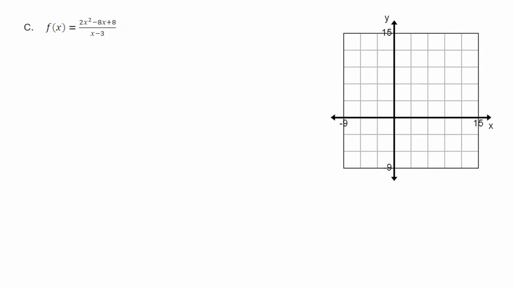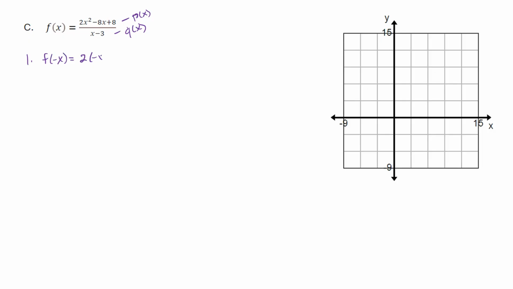Okay, let's graph one more. C. All right. So 2x squared minus 8x is our p of x. And then x minus 3 is our q of x. So first we want to test symmetry. So f of negative x.